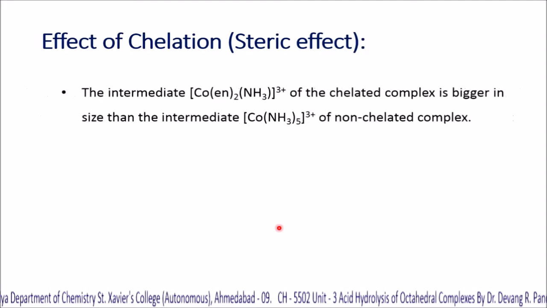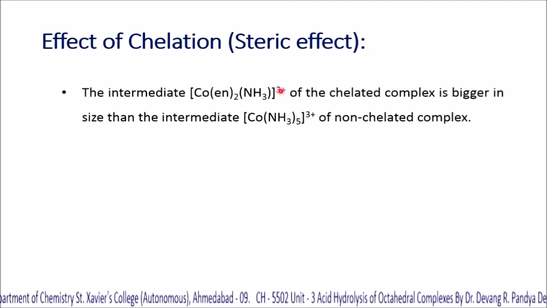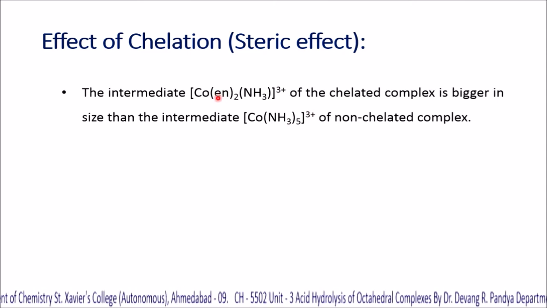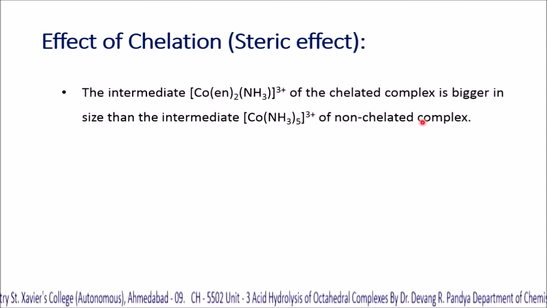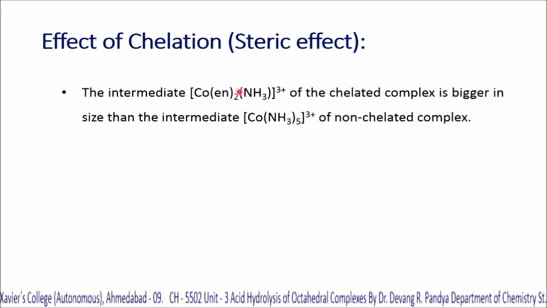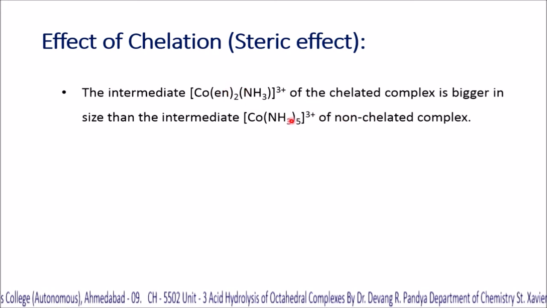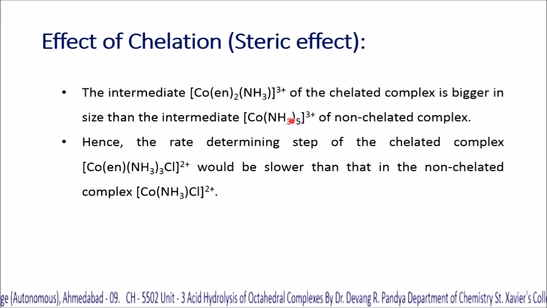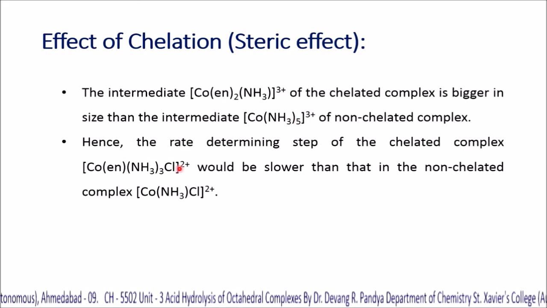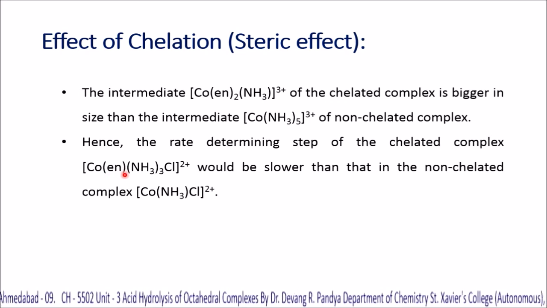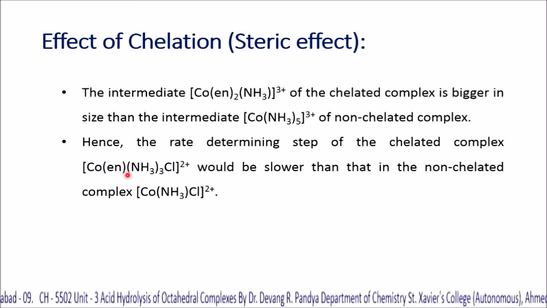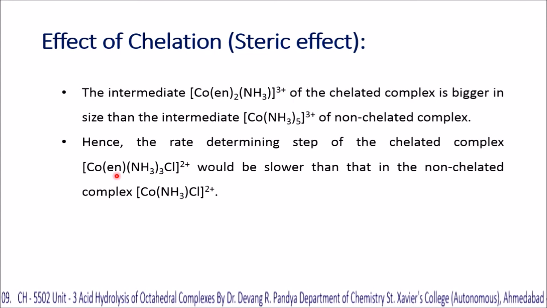So in the intermediate, you can see that both have the same oxidation state, but here the chelating group is there and here all the ligands are amino, a non-chelated complex. So this one is going to be bigger in size, this one is going to be smaller in size. Hence the rate determining step of the chelated complex, that is cobalt ethylene diamine, 2 is there, 2 is missing, it is not missing, it is written that way only.